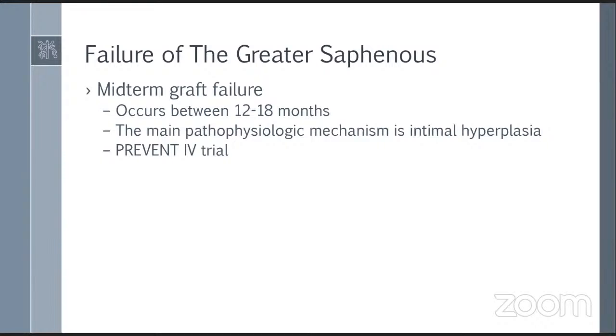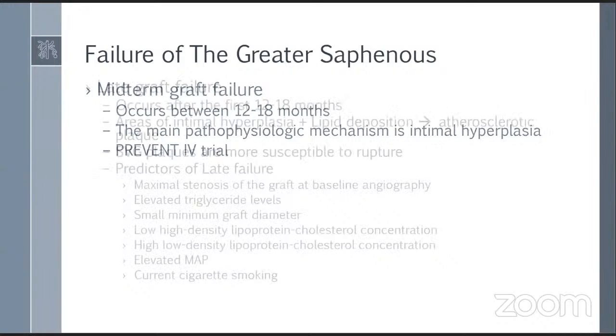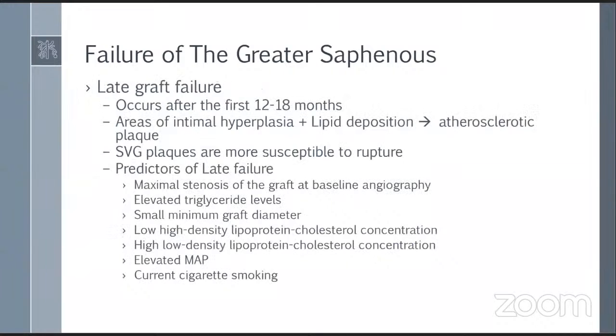In a post hoc analysis of this trial, they found that there are factors that predict failure of this graft, like longer surgical duration, endoscopic vein harvesting, poor target artery quality, and post-operative use of P2Y12 receptor blockers.